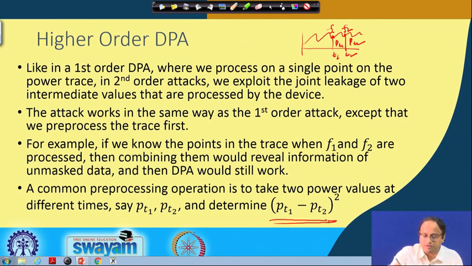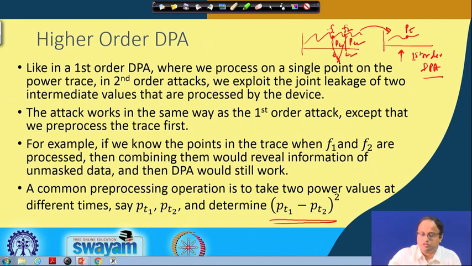Therefore I now replace these two points by a single point on another power trace, say PT, which is nothing but the difference, and then taken the square. You can of course replace it by some other function, but this is a very common pre-processing operation. Okay. And then once you have pre-processed this power trace, you apply a normal first order DPA, as we have seen, like the normal correlation power attack, for example.